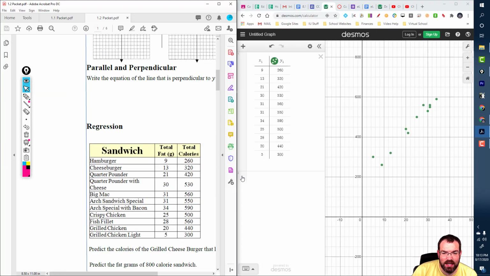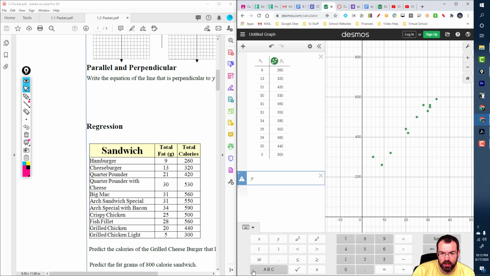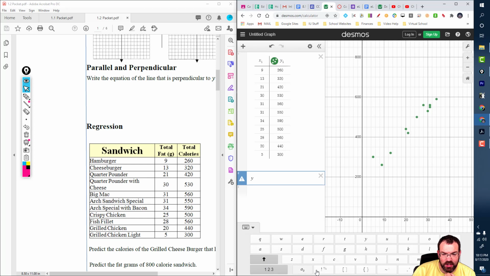All right, so let's talk about that. I need to type that in here, so I need to go to the next row. I'm going to type in y, and I need a sub some number. You have two options. The first option is you can open the keyboard and hit ABC. If you hit this A sub B button down here, it gives you a subscript.